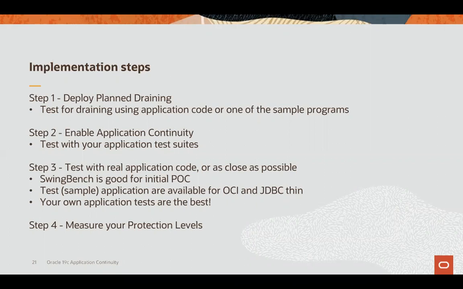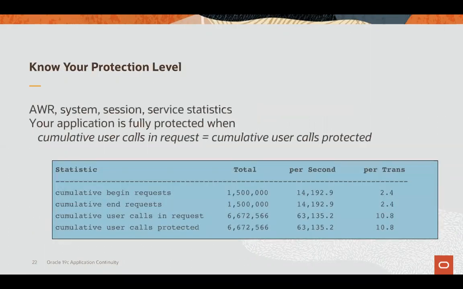And then you have to measure your protection levels. The measurement can be done with AWR, the Automatic Workload Repository. You can use the Automatic Workload Repository to extract and generate reports on the system, on the sessions, and on the service statistics, on the execution statistics for your database services.